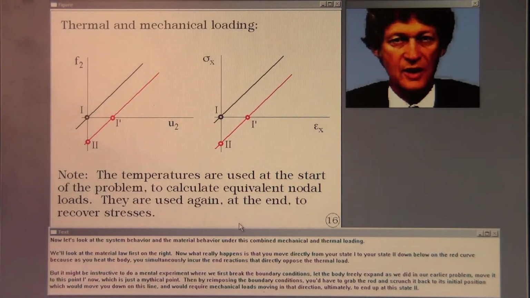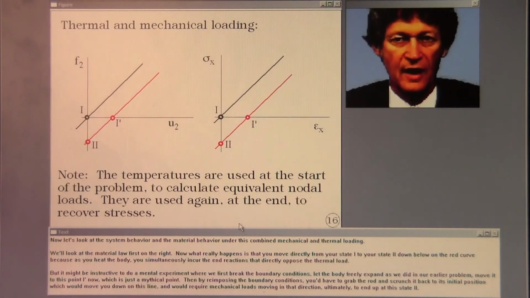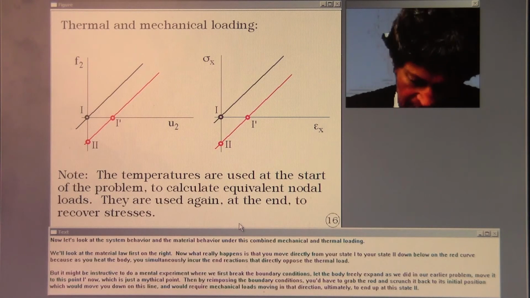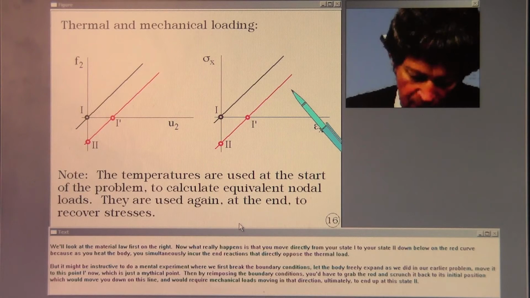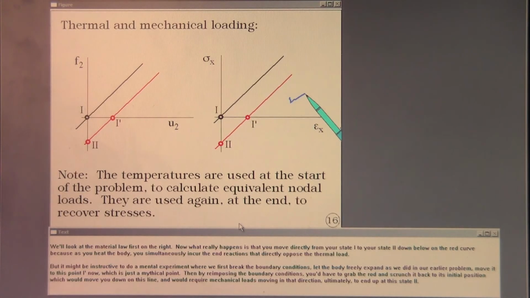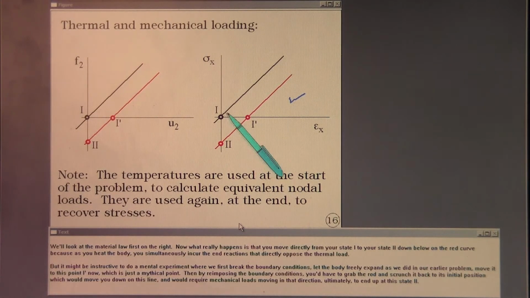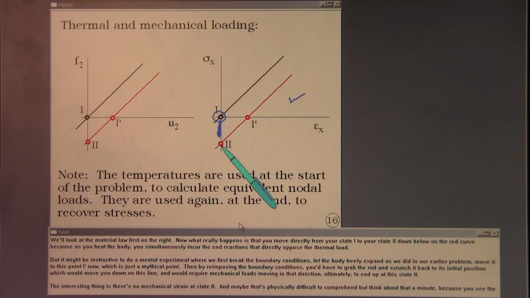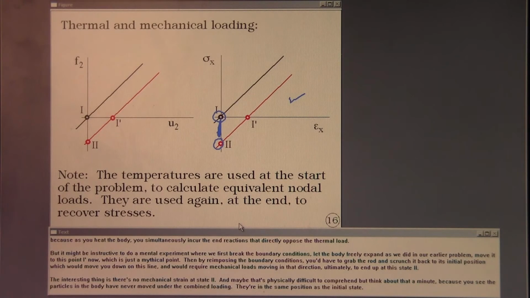Now let's look at the system behavior and the material behavior under this combined mechanical and thermal loading. We'll look at the material law first on the right. Now what really happens is that you move directly from your state 1 to your state 2 down below on the red curve, because as you heat the body you simultaneously incur the end reactions that directly oppose the thermal load.